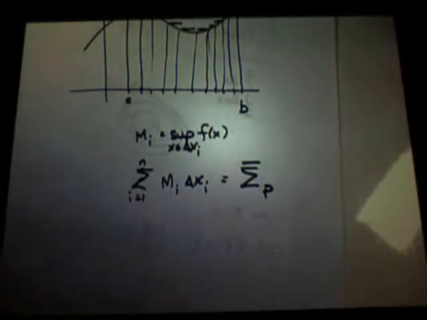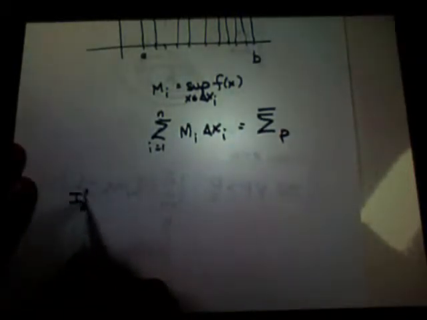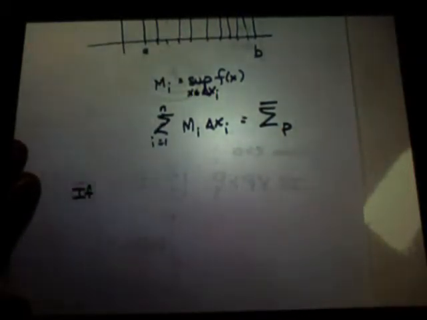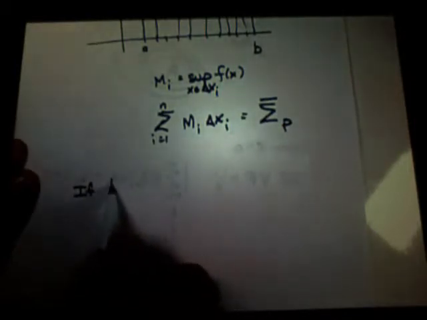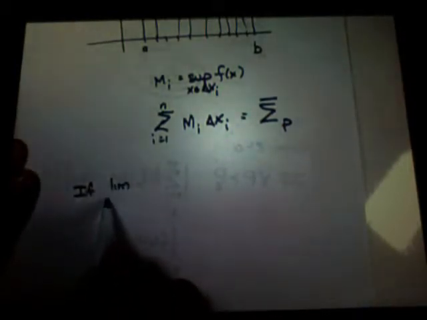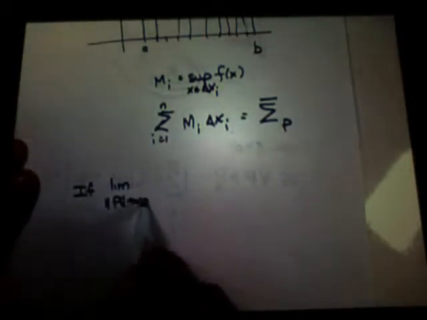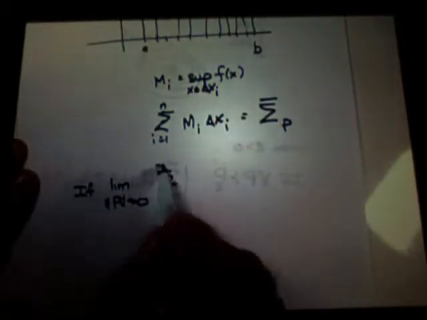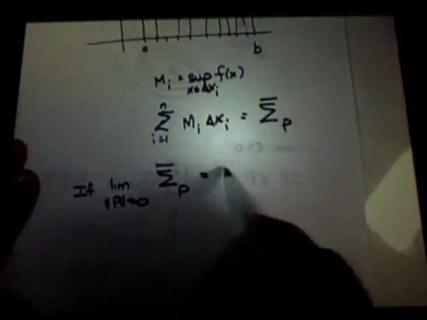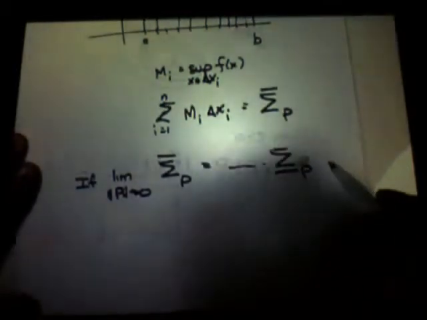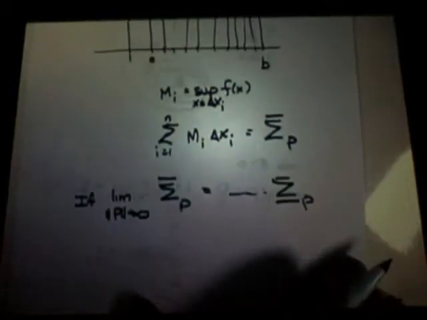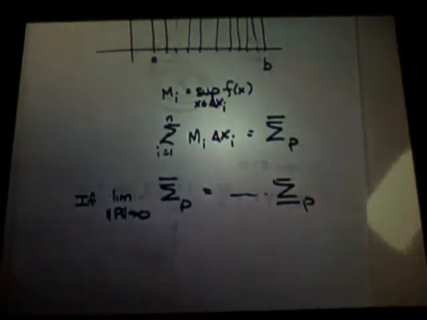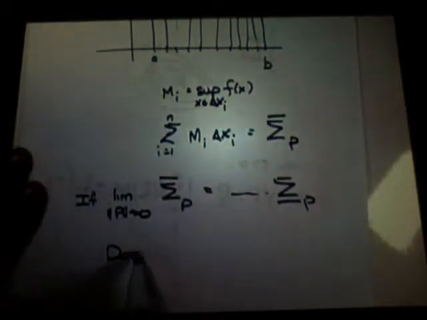And then you make the following argument. If the limit as the norm of the partition goes to 0 of the upper Darboux sum equals the same thing for the lower Darboux sum, their common value is the Darboux version.